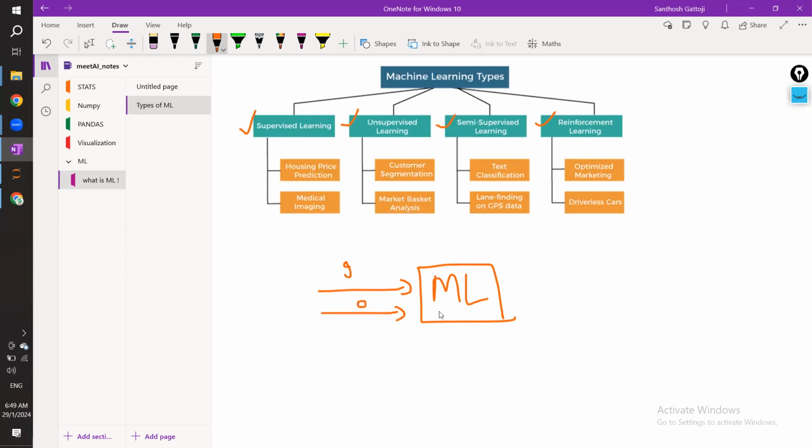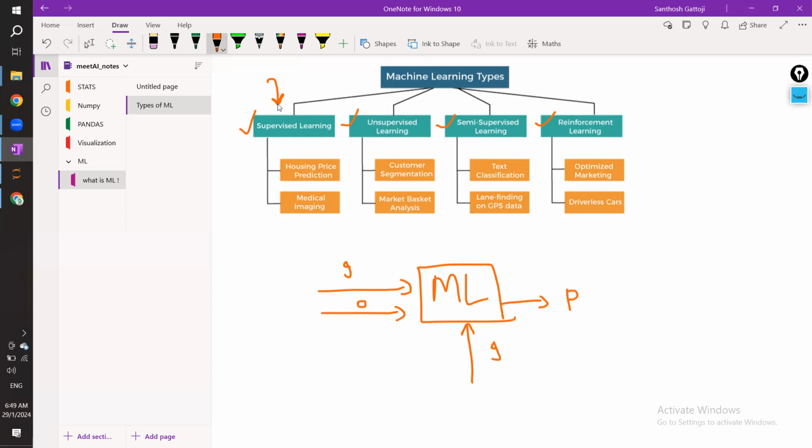Once it is trained, we are going to pass only the test input so that it gives some predictions. The branch of machine learning in which we pass both input and output is called supervised machine learning.